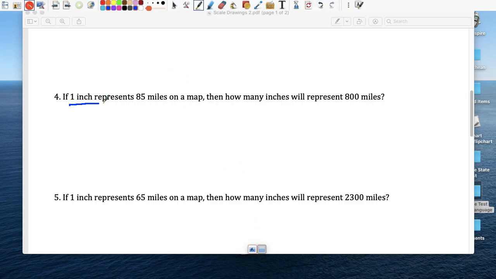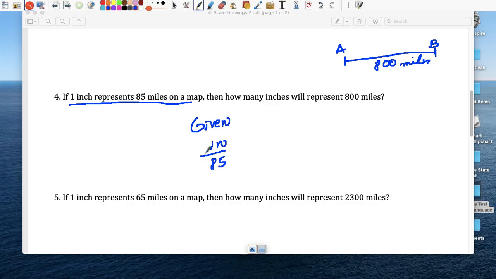On the map, let's say city A and city B, and in real life, if you were to drive, it's 800 miles. That's a long distance. So how much would it be on our map? Well, that's, again, given to us. 1 inch is 85 miles.